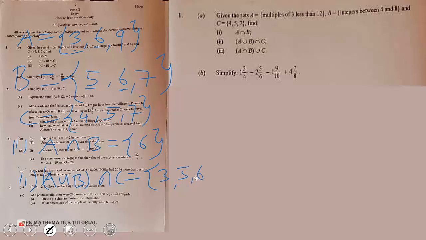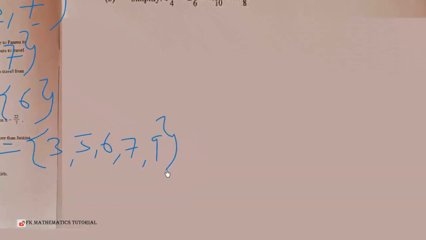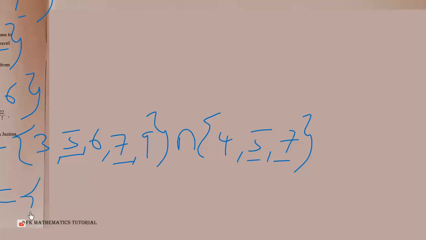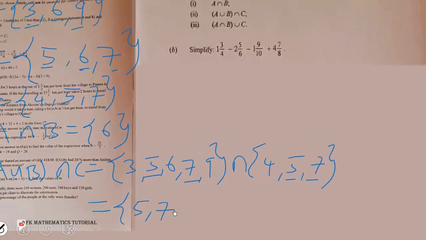Write just one of them. Then the next one we have 7, and the next one is 9. So that is A union B. Intersection C. So C we have 4, 5, 7. So when you look at it, the elements that are common are 5, 7. So A union B intersection C will be 5, 7.